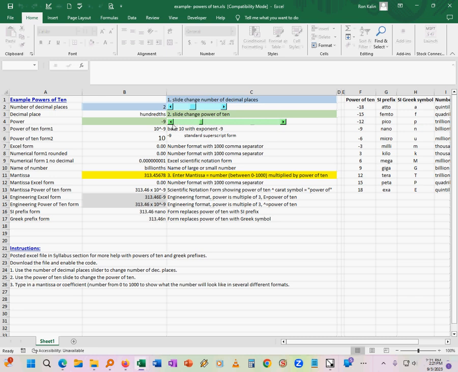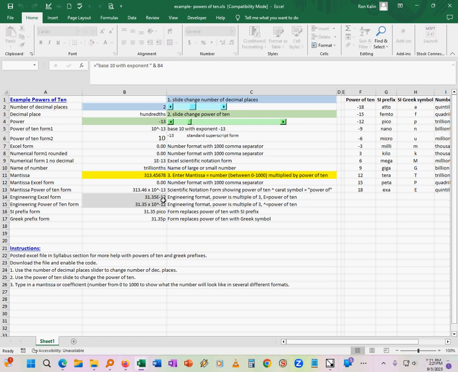Notice when it's a multiple of 3, all 3 of them look exactly the same. But then if I go to, let's say, 13, here we go. You move the decimal point 1 place to the left to make this 31.35 times 10 to the negative 12 for engineering format.